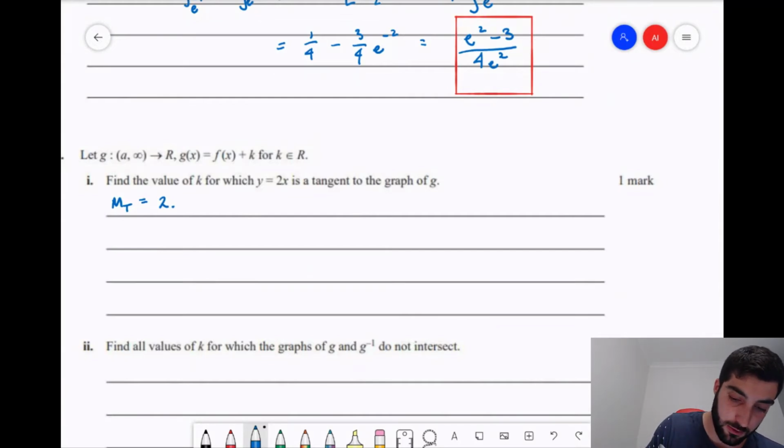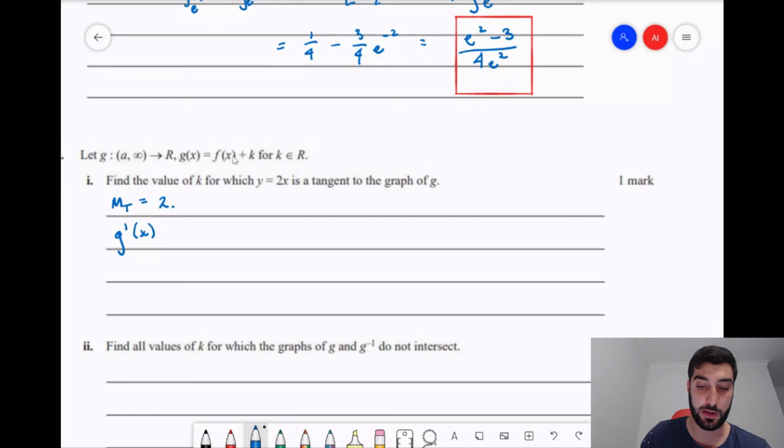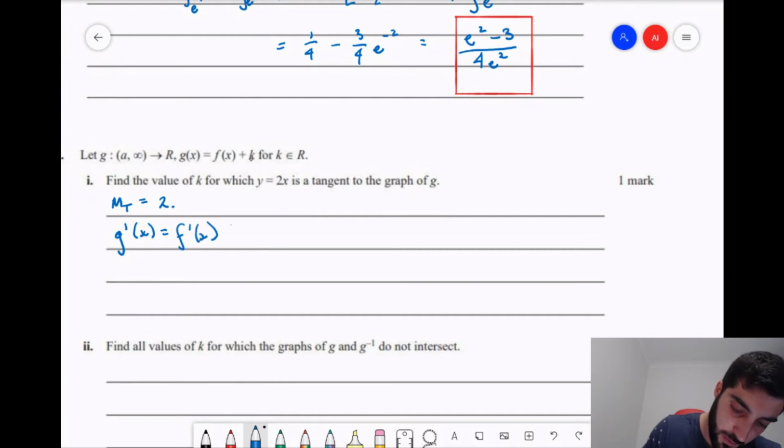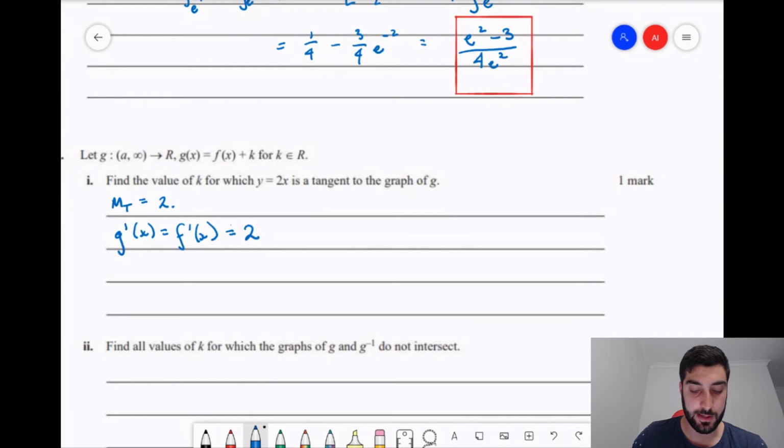Coming at it from the other angle would be to work out the derivative for g of x, which actually ends up being the same derivative as f of x, since there's only a difference of a translation in units between them, right? That's really important to make a distinction between, but we're solving for x when the gradient of these functions is equal to 2.